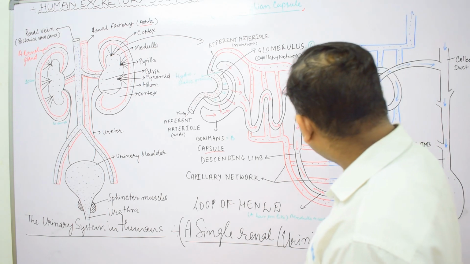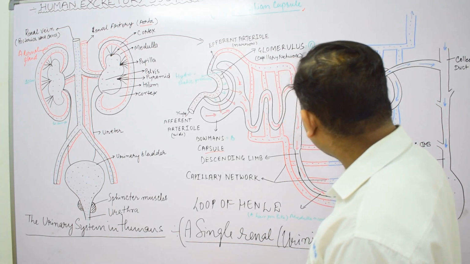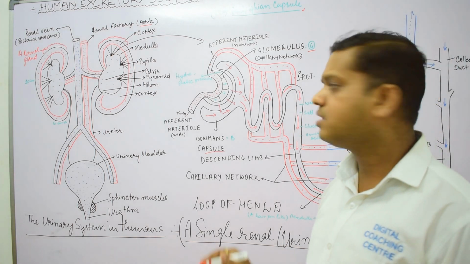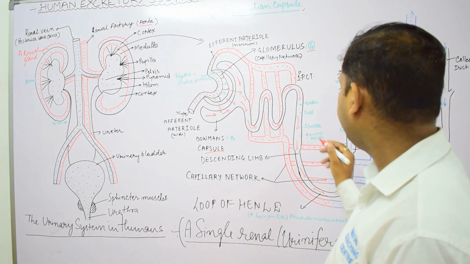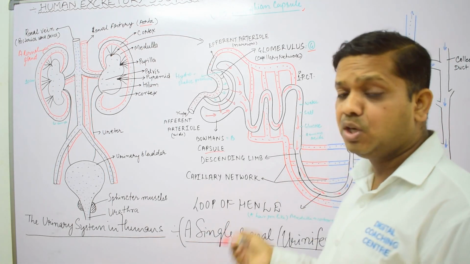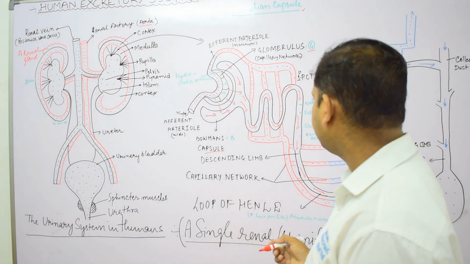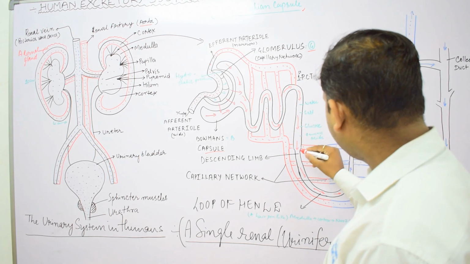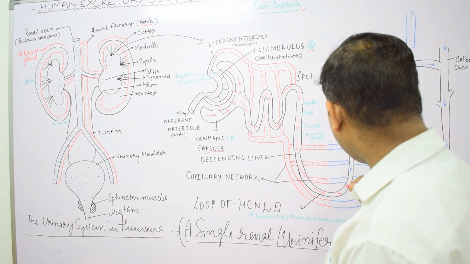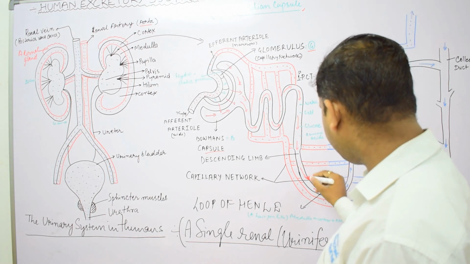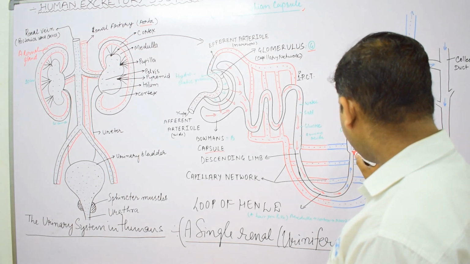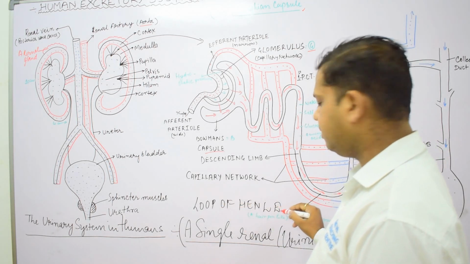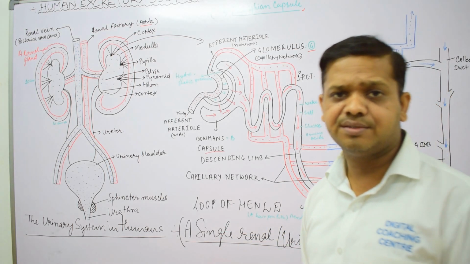Now we'll see, after this, what they carry. They filter the water, which basically contains salt, glucose, and amino acids. These contents come through this tubule, and then it makes a fine hairpin-like structure which is U-shaped, known as the loop of Henle, because Henle is the scientist who discovered this loop.